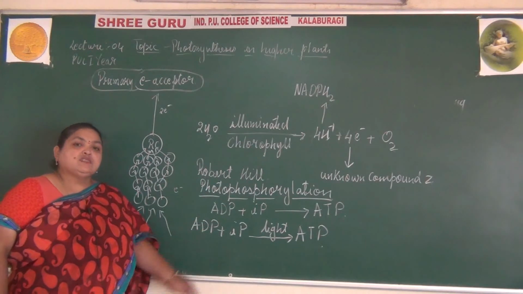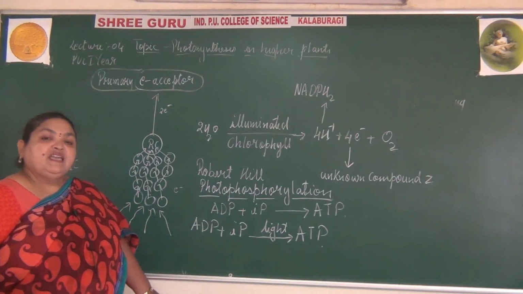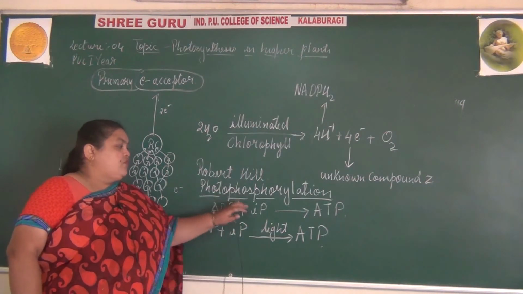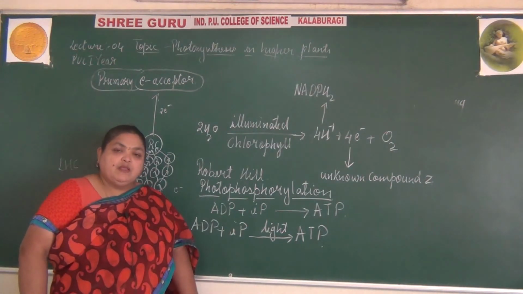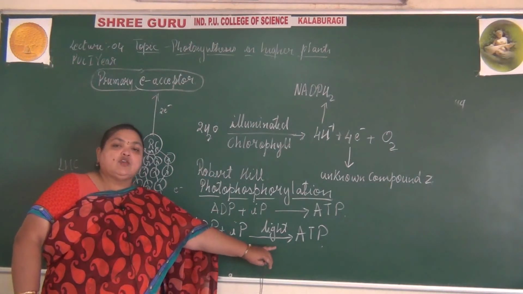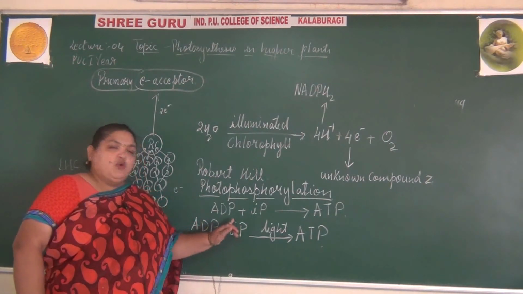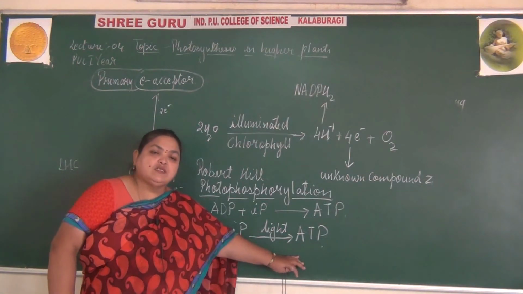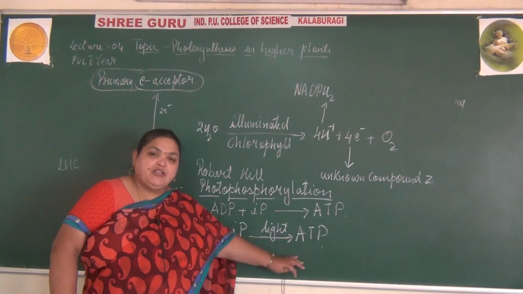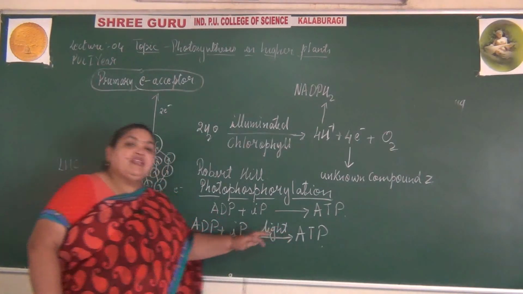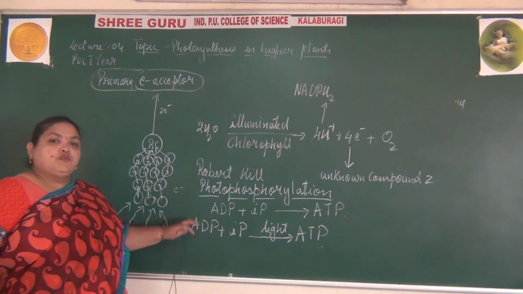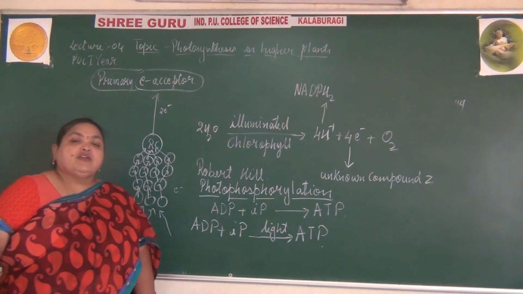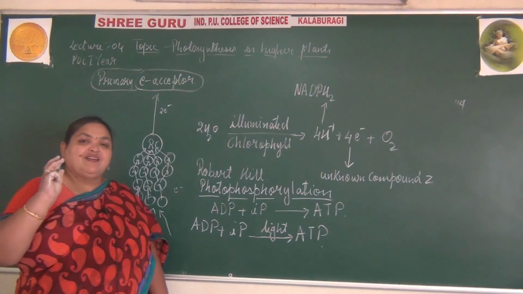That is, there is synthesis of ATP molecules in the presence of light. So I will repeat: what is photophosphorylation? It is a process of synthesis of ATP, adenosine triphosphate, in the presence of light. So this process is known as photophosphorylation. So in the light reactions, these are the three processes.